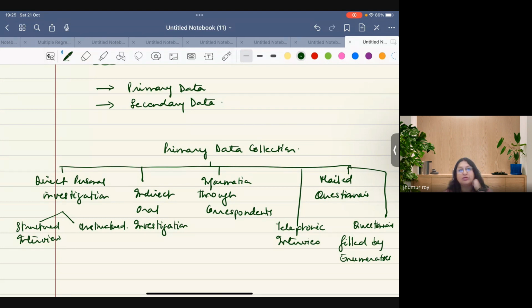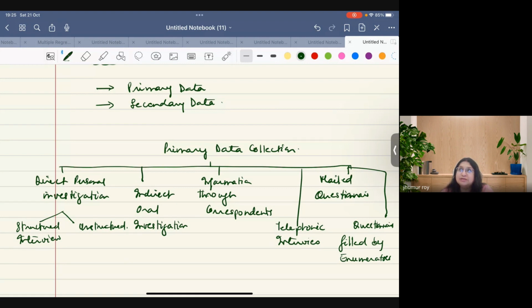The first is questionnaires which are filled by enumerators, and then you have questionnaires which are filled by the respondents themselves. So when a respondent fills the information on his own, it comes to you. Now he hands you over the questionnaire and you mark it and fill it and give it back to the person. Then it is known as the questionnaire method.